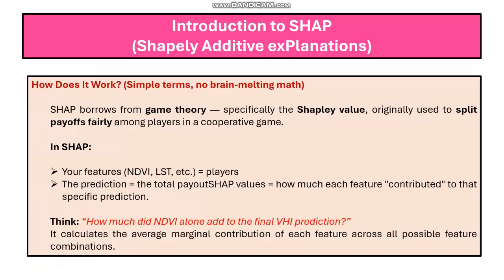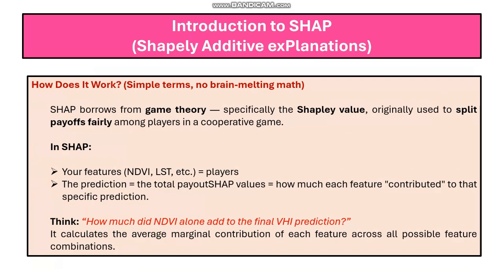So how does it work? In simpler terms, there is nothing complex here. It came from game theory in economics. Specifically, the Shapley values, the values that you get from SHAP, are used to split the payoffs fairly among the players.